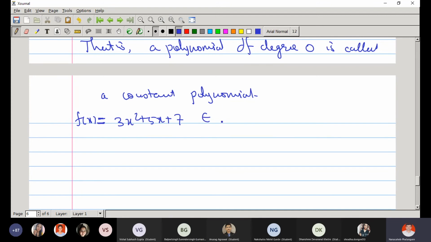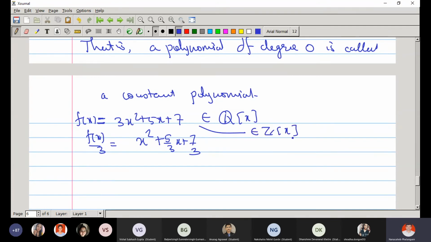This is a polynomial with, you can say, integer coefficients, right? This is a polynomial in Q[x], or you can also say it is a polynomial in Z[x]. But if you divide by the leading coefficient, f of x by 3, what would it be? x square plus 5 by 3 x plus 7 by 3. Basically, the original polynomial is in Z[x] because the coefficients are integers.